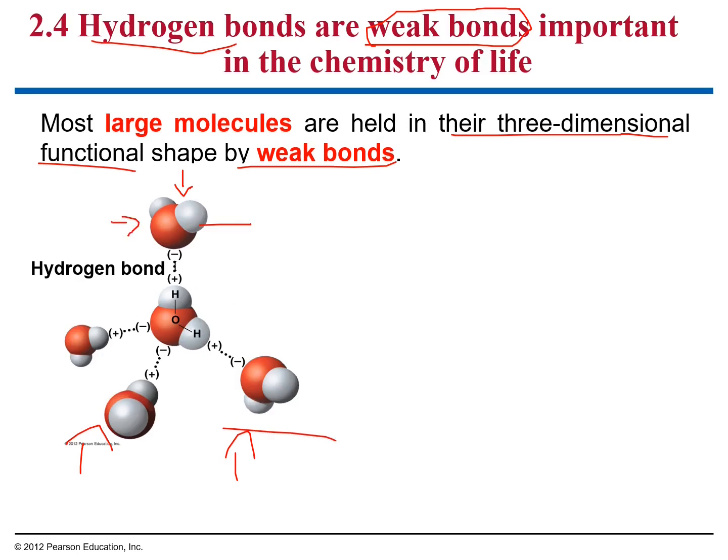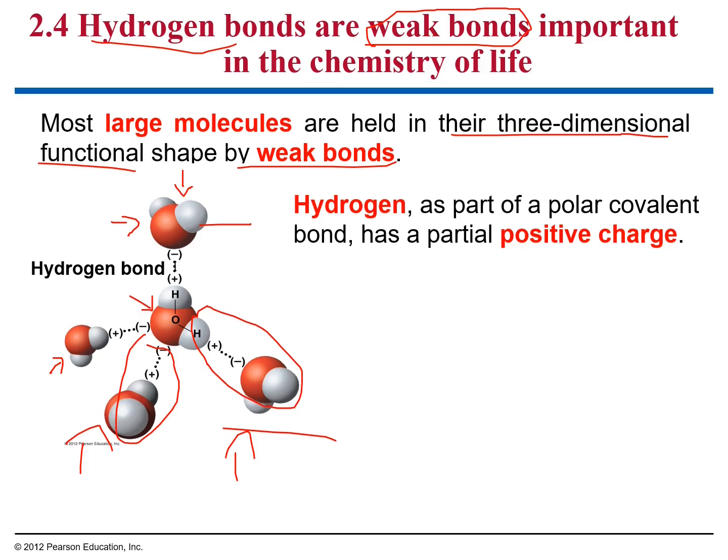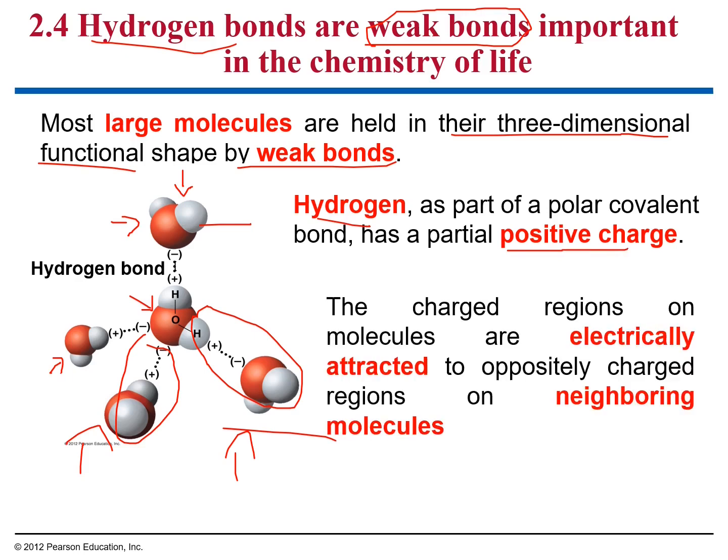One molecule of water attracts another molecule of water, and this molecule will also attract this one, and this one will attract this one, and it's always in the same way. The hydrogen is charged positively, so it will interact with the neighbor molecules, and they attract each other. This is how you form a hydrogen bond.